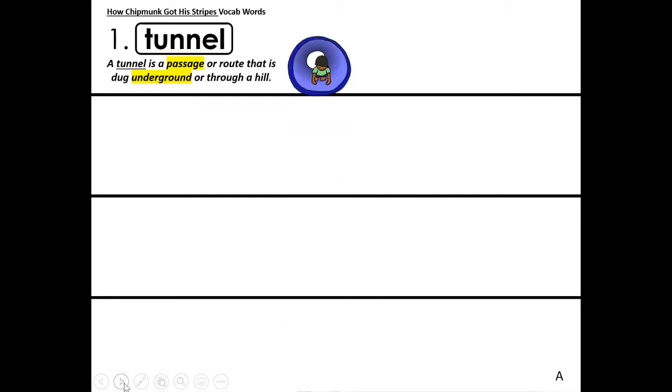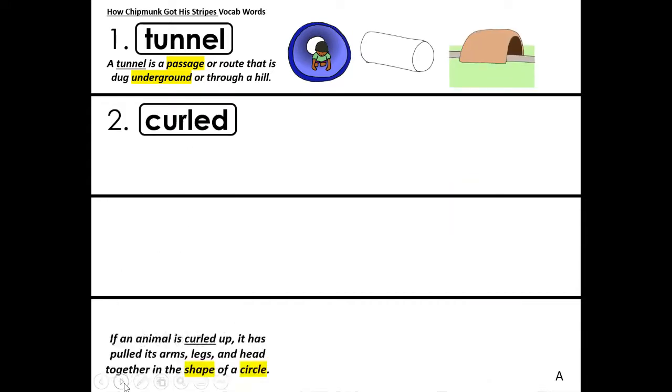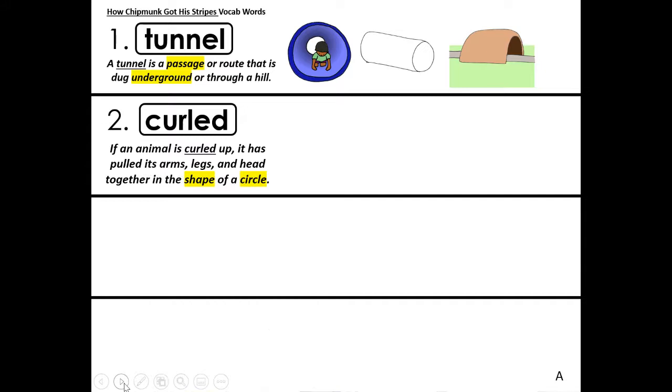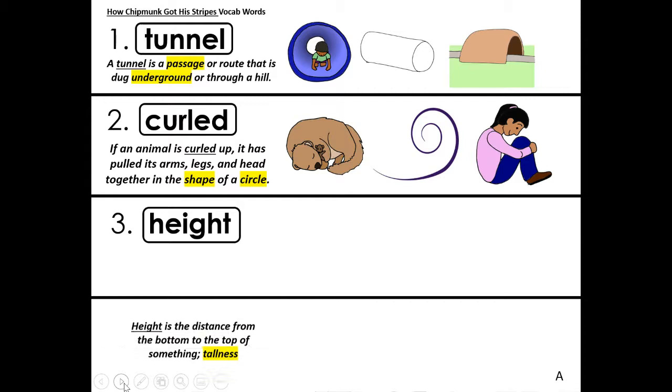So let's review our vocabulary. Number 1, tunnel. A tunnel is a passage or a route that is dug underground or through a hill. Number 2, curled. If an animal is curled up, it has pulled its arms, legs, and head together in the shape of a circle. Curled. Number 3, height.